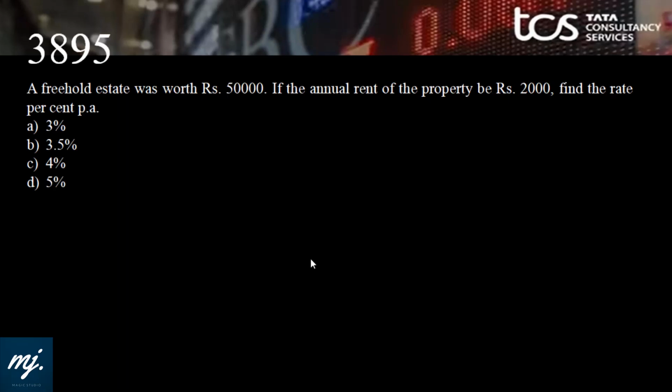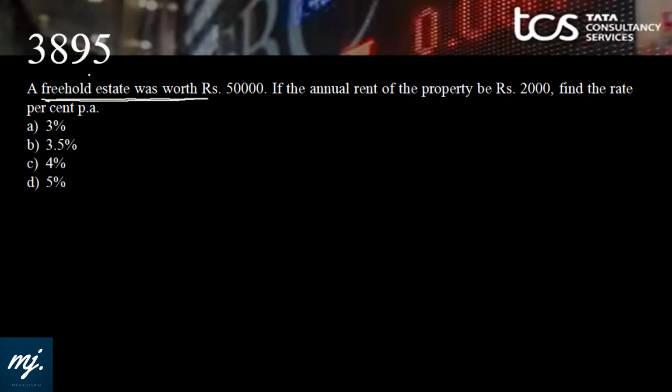In this particular session, I have tried to come up with all different aspects in interest: simple interest, compound interest, annuities, and on those lines, the freehold estate value is a concept derived from perpetuity, that is perpetual annuity, which keeps on moving and the life is infinite.